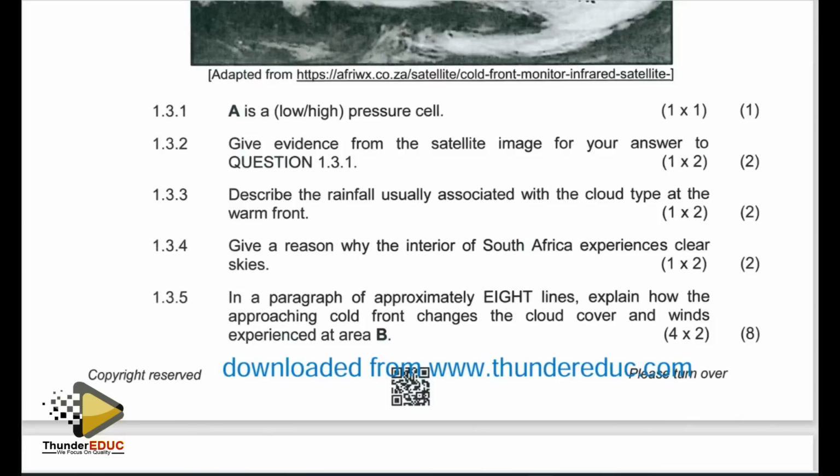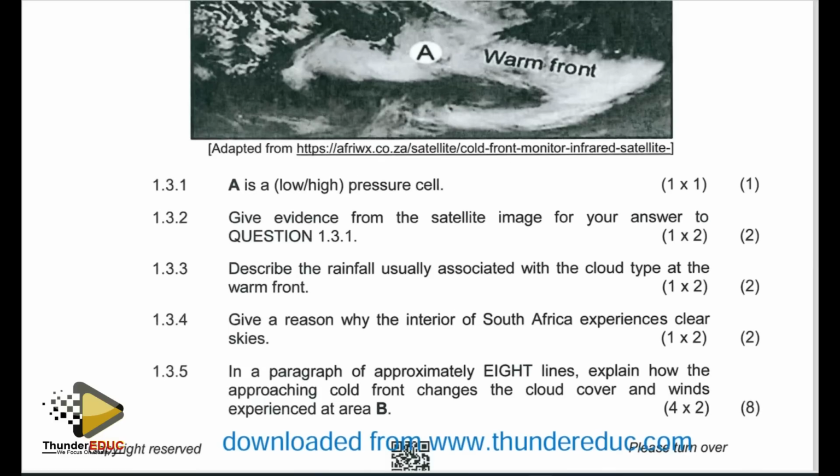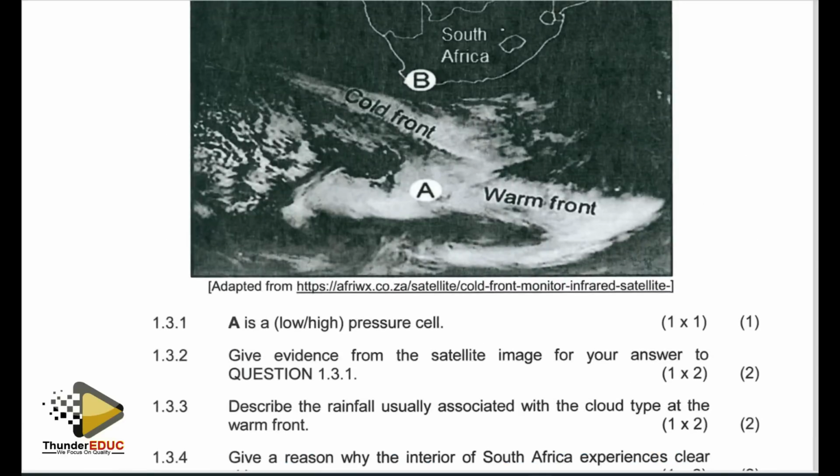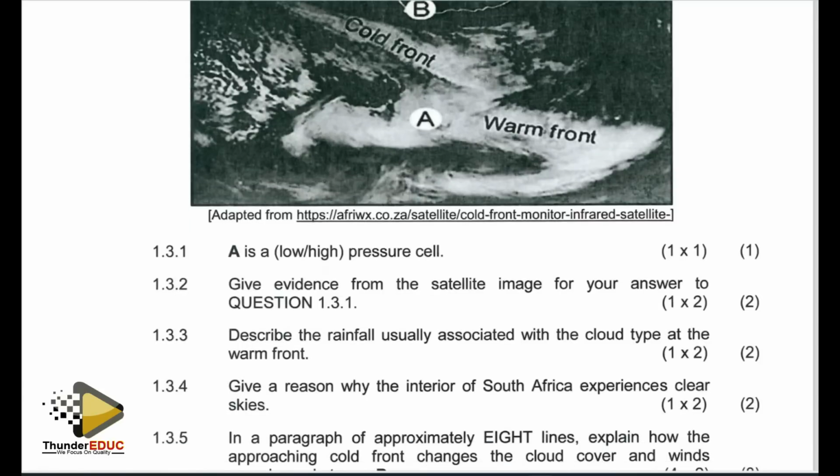Right. With cloud cover, when the cold front is approaching, it will ultimately cause increasing cloudiness of the area. Area B is going to experience an increase in clouds. And as time moves on, the clouds will become thicker and more extensive as the cold front approaches. So it's increasing cloudiness at point B because the cold front will be coming and pushing the warm and moist air to condensation.